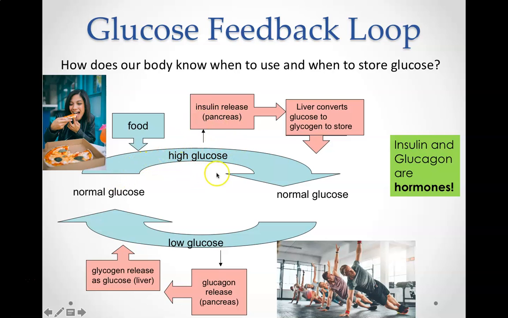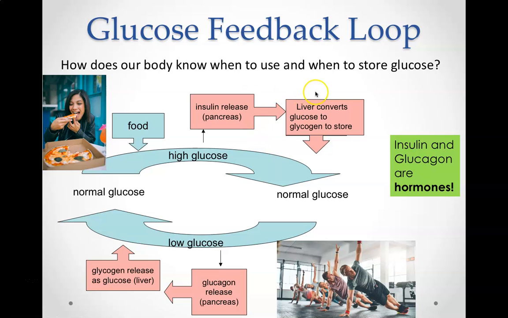When we have high levels of glucose in our blood, it triggers this response from our pancreas to release insulin. And so insulin is a hormone that basically tells the liver to convert glucose to glycogen to store it. So we're basically removing some of that glucose from the bloodstream.